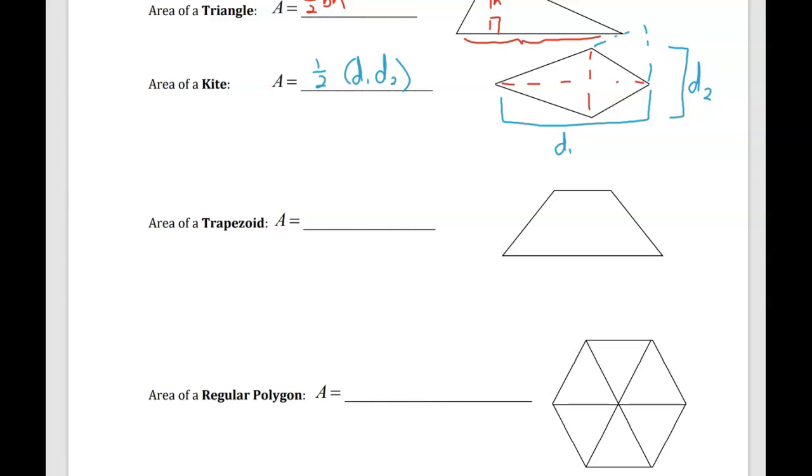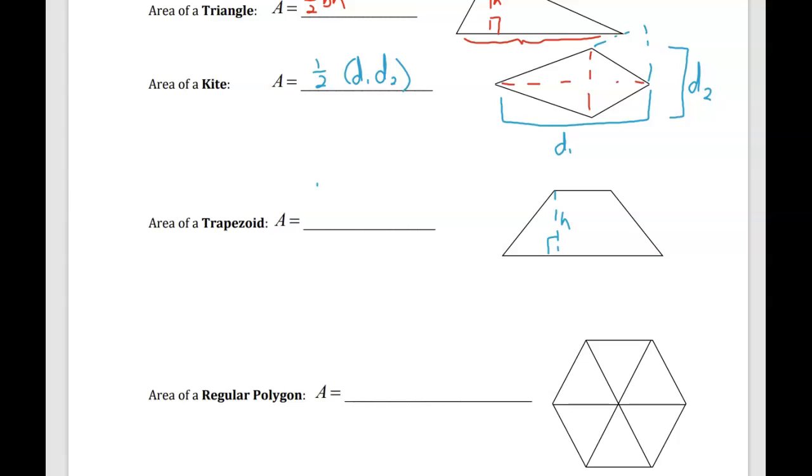Now a trapezoid, it has these 2 angles here. And so again, we create a right angle, which creates our height. So this creates a triangle for us.